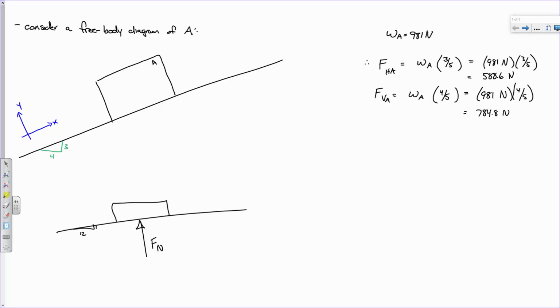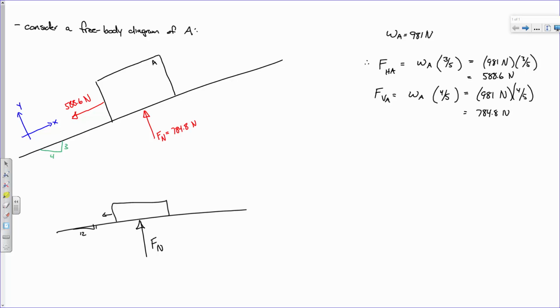So if I had a ramp that had a very light slope, the normal force is going to be way bigger than this little dinky force wanting to slide down. Make sense? I propose that at this slope ratio there is a 588.6 Newton force wanting to cause this block to go down, and that the ramp is responding with a normal force of 784.8 newtons.